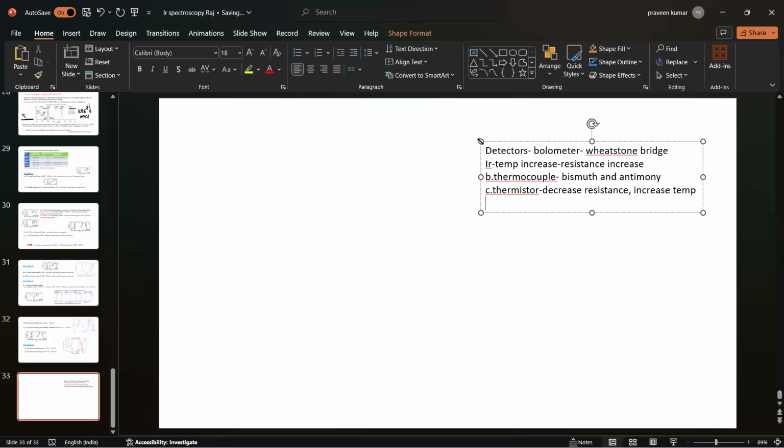The third one is the Golay detector. Do you know which gas is present in the Golay detector? It is an inert gas; xenon gas is filled in it. The next one is the photoconductivity detector.